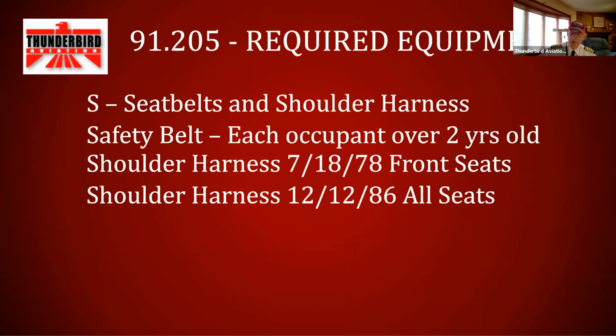Some people just write down seatbelts for the S in flames, but I write down seatbelts and shoulder harnesses because of this change in times. I have flown in aircraft that were certificated before July 18th, 1978, and all they had in them was a lap belt. It feels real weird to fly an airplane with only a lap belt in it, but it was perfectly legal.